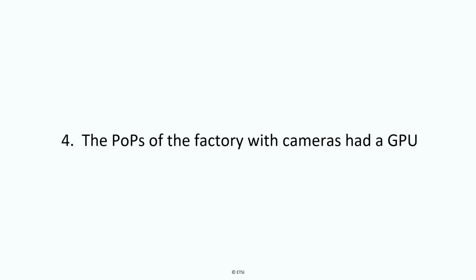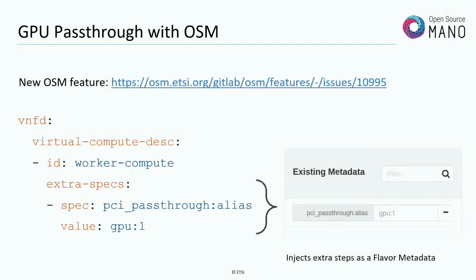We found that using OpenStack, it was very easy to pass through a GPU from the host to a virtual machine by introducing some new parameters in our flavors metadata, but we didn't find a way of doing this using OSM. So we found this to be a new opportunity to introduce a new feature on OSM, and we have already created a proof of concept of this new feature.